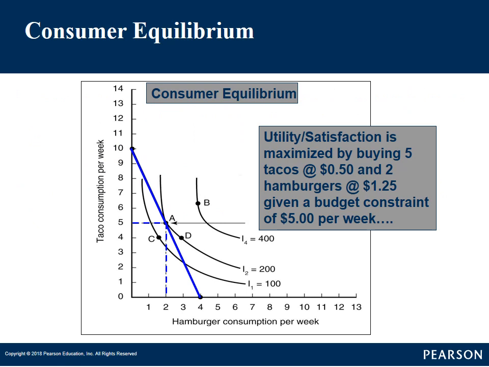If we look at a graph to try to identify consumer equilibrium, in this graph we have multiple levels of utility. If you remember from previous chapters, the levels of utility increase as we move to the upper right hand corner of the graph.